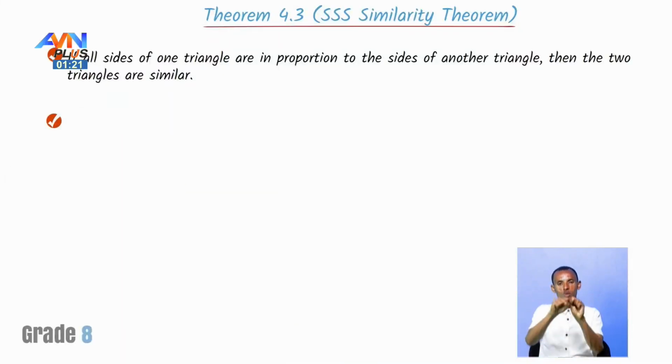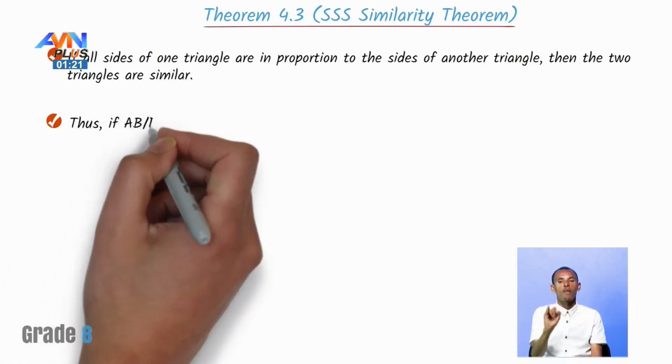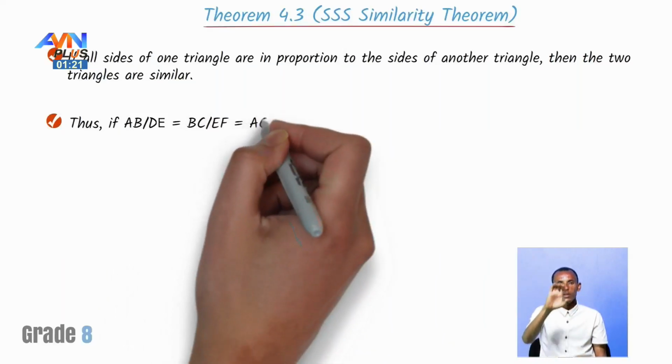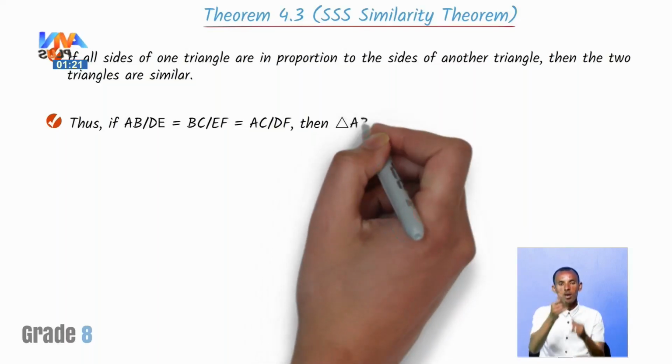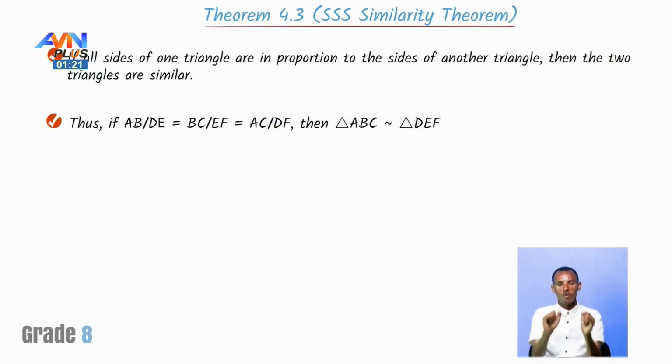What is that condition? The ratio of all corresponding sides of one triangle is the same as that of the other triangle, right? So shortly, we can say that if AB over DE is the same as BC over EF and AC over DF, okay? Here we can see the ratio of three corresponding sides of the triangles.